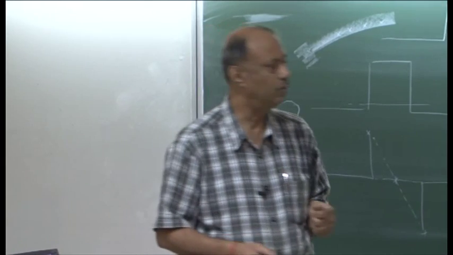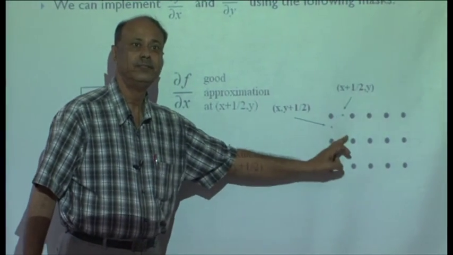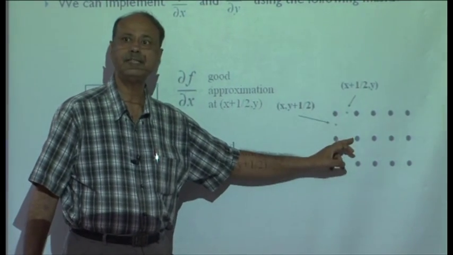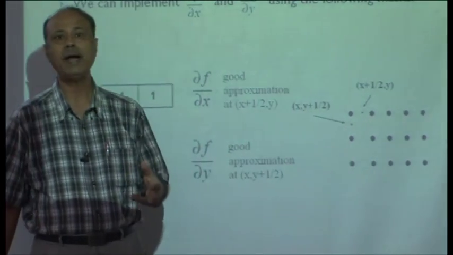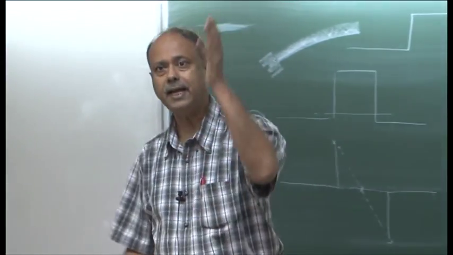But it does not take into account the change in this direction, where there will also be a change. It is not a bidirectional thing. He has taken unidirectional with respect to x and with respect to y.